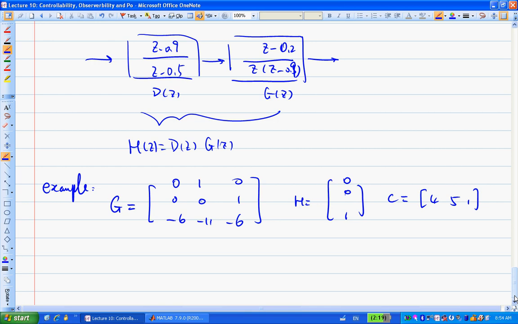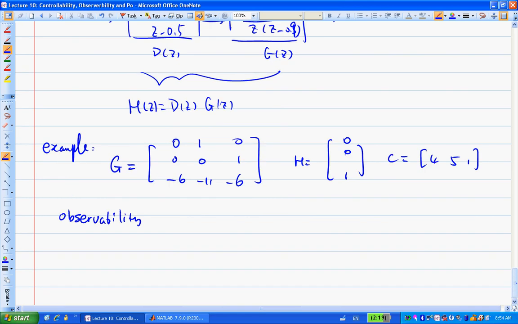Okay, if I want to check observability, what we can do is check the rank of C transpose, G transpose C transpose, up to G transpose n-1 C transpose. You can use MATLAB obsv to check this rank.